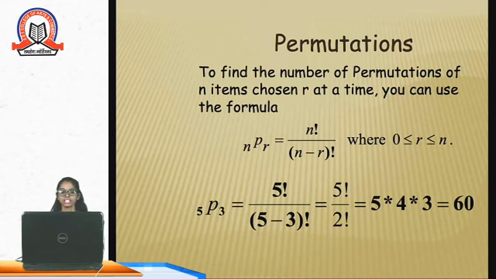In 5P3, my n value is 5, r value is 3. Find the permutation, that is 5 factorial divided by (n minus r) means (5 minus 3) factorial, we get 2 factorial. First find the factorial answer, that is 5 into 4 into 3 into 2 into 1, and 2 factorial is 2 into 1. Calculate this, we get the answer 60.